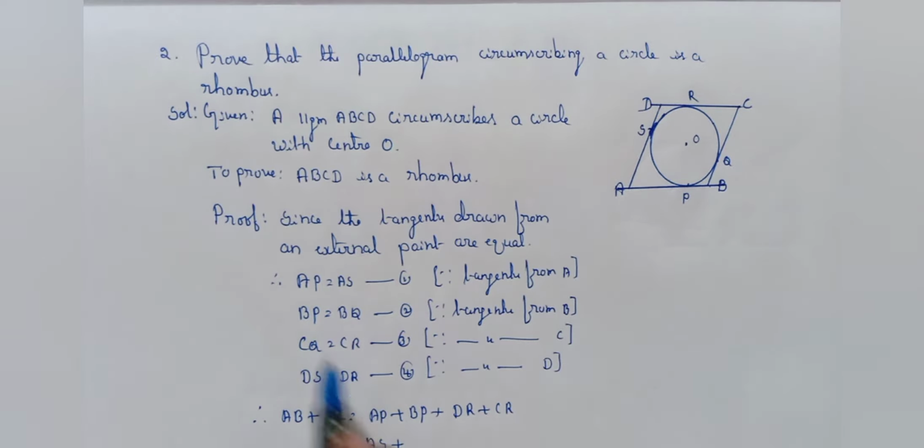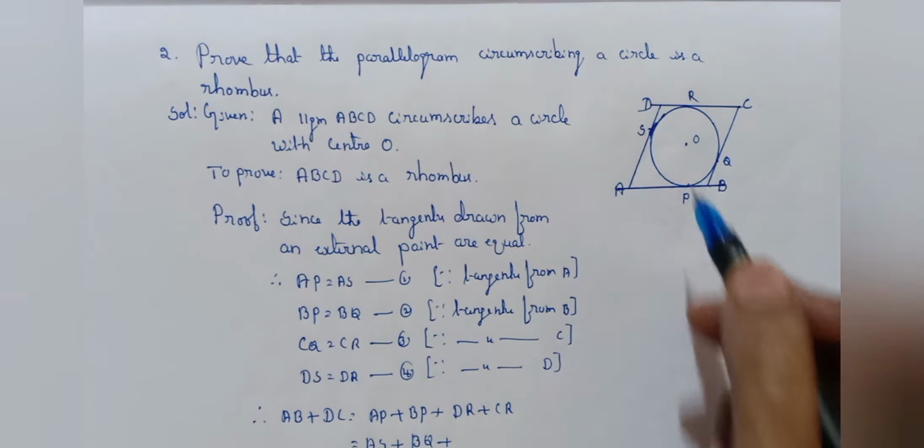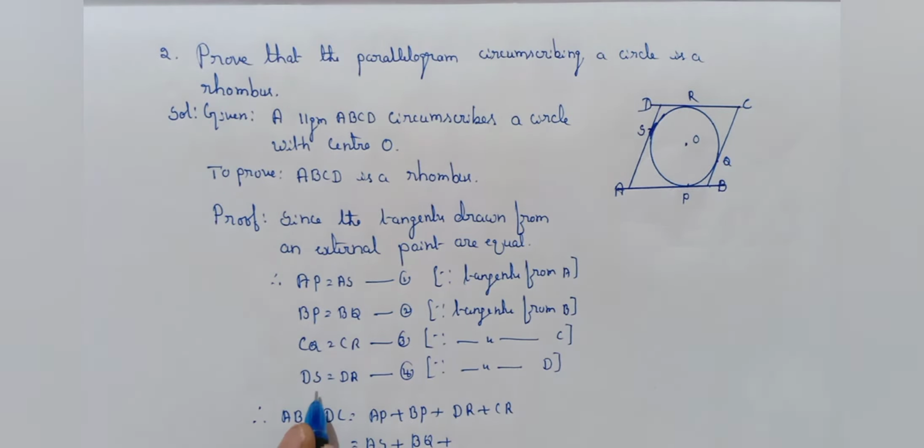And then BP is equal to BQ, so substitute BQ in place of BP. And DR is equal to DS, so substitute DS in place of DR. And CR is equal to CQ, so substitute CQ in place of CR, from equations 1, 2, 3 and 4.